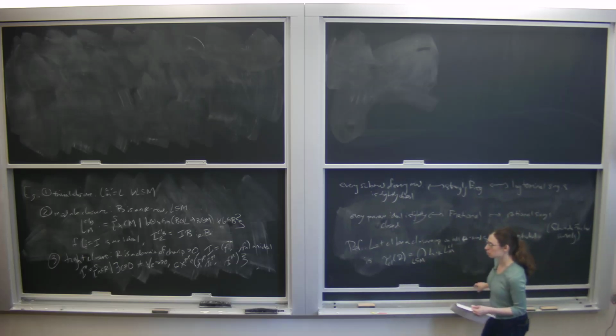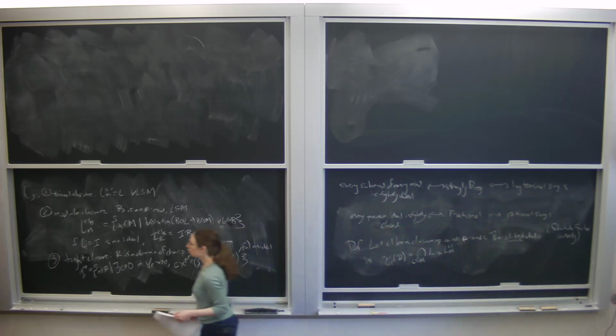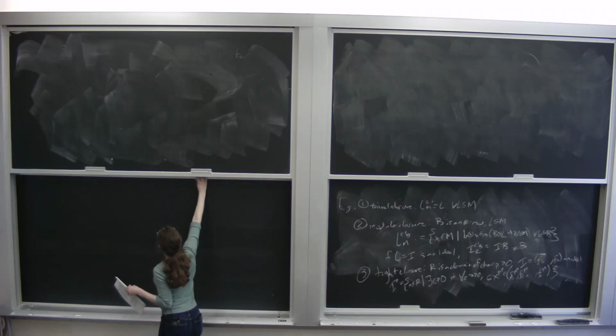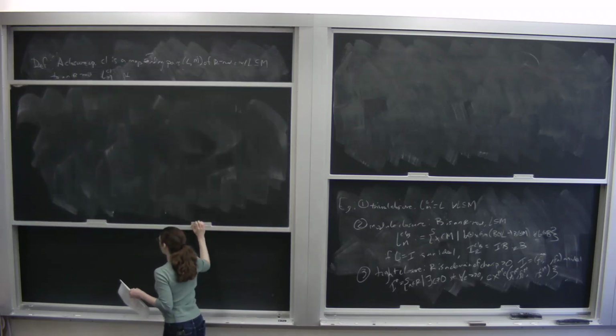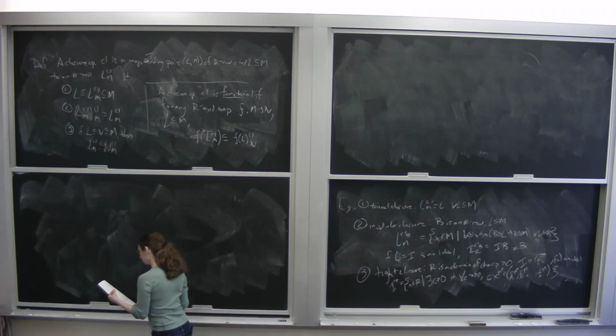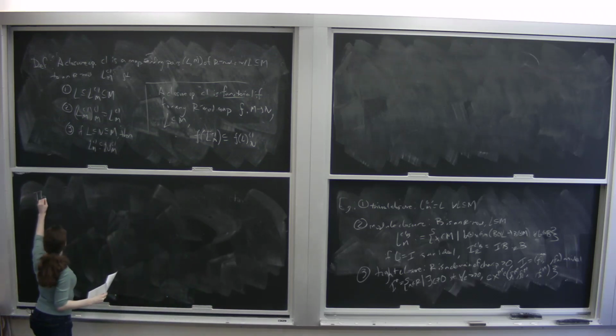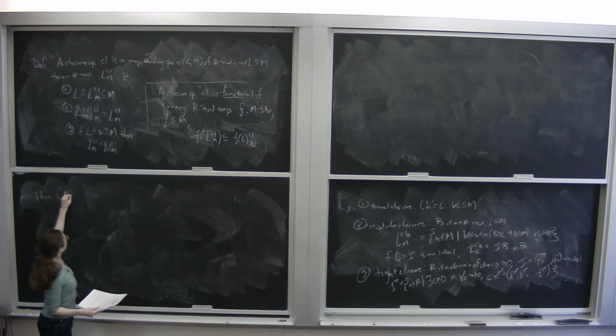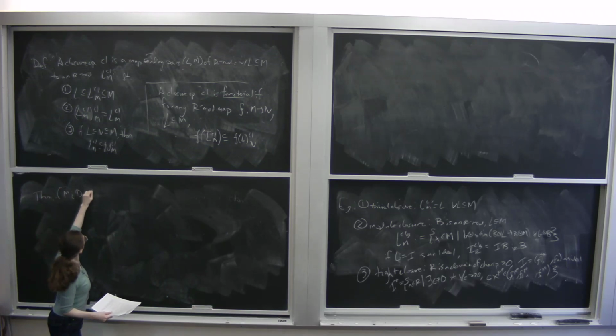Let me give you a definition for the multiplier ideal. There are many. I'm presenting this as a theorem because it's not the usual definition of the multiplier ideal, but this is from Peter McDonald's thesis.